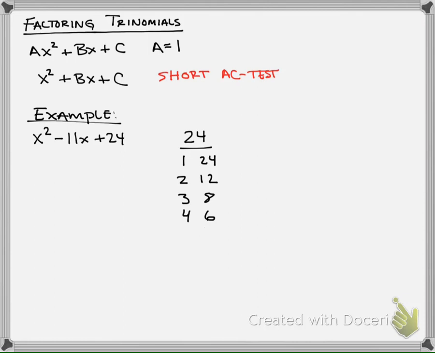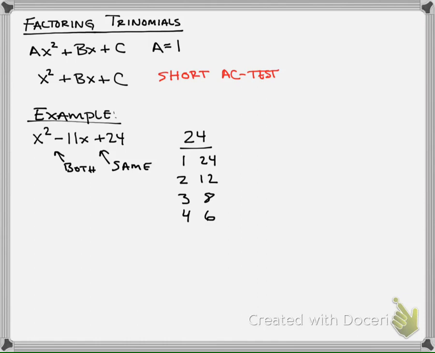Okay? Now, we have to read the signs. So in reading the signs, we see that this sign says that when I multiplied two terms, they were both the same, because a negative times a negative is a positive, and a positive times a positive is a positive. This middle sign says that if they were the same, then both of them had to have been negative, because when I added them, I got a negative sign.